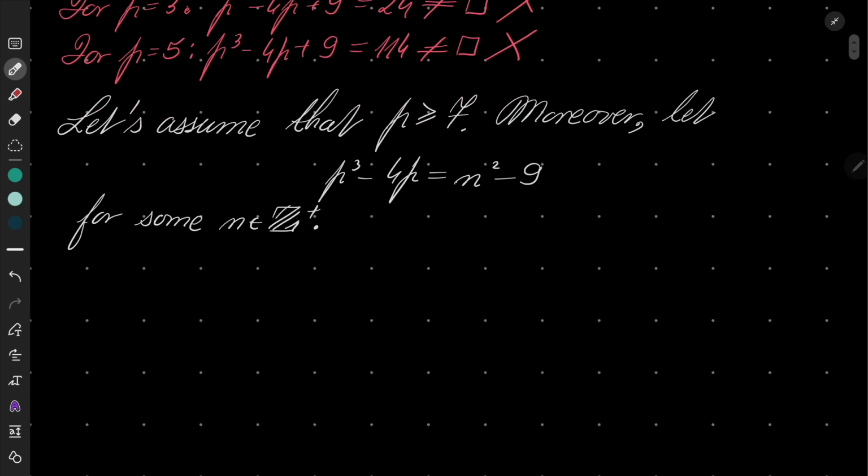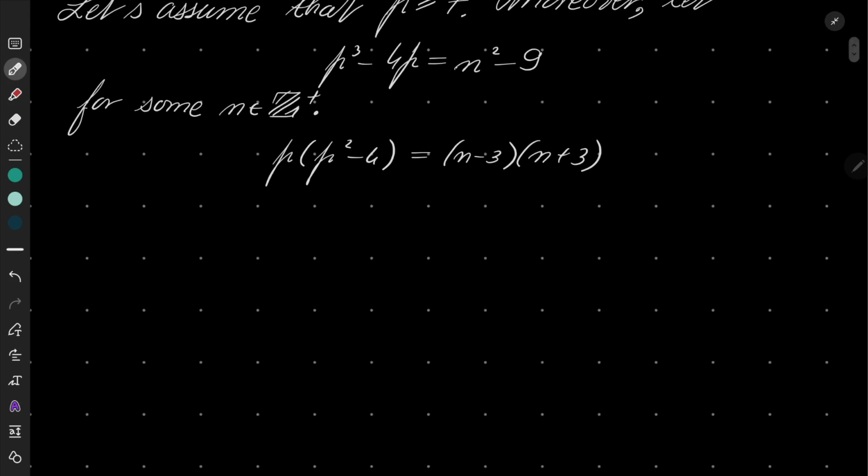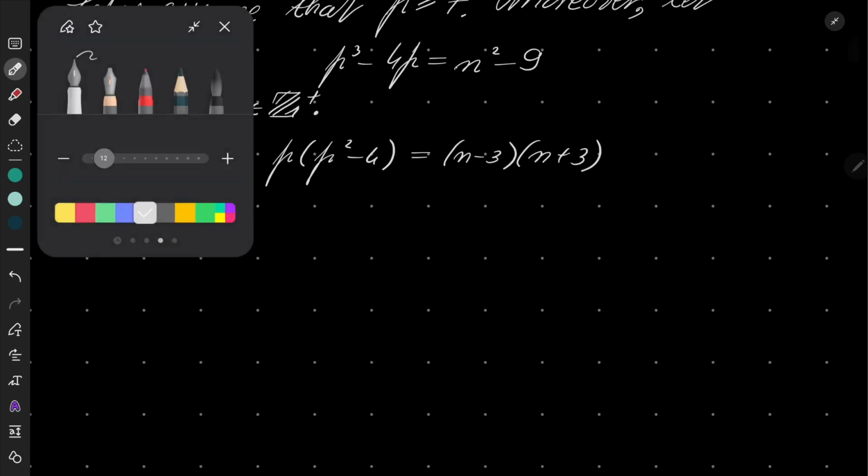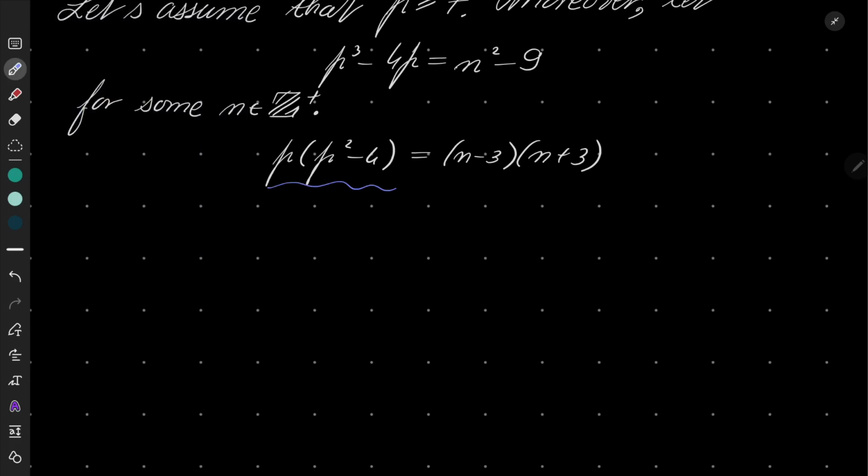So now let's factorize both sides. We will get p times (p squared minus 4) equals (n minus 3) times (n plus 3). And let's notice that the left-hand side is divisible by p, which means that the right-hand side must also be divisible by p.